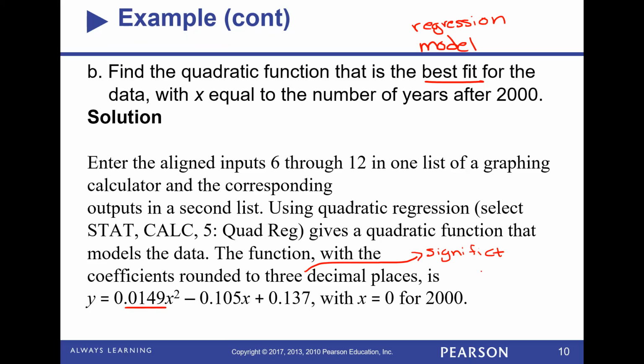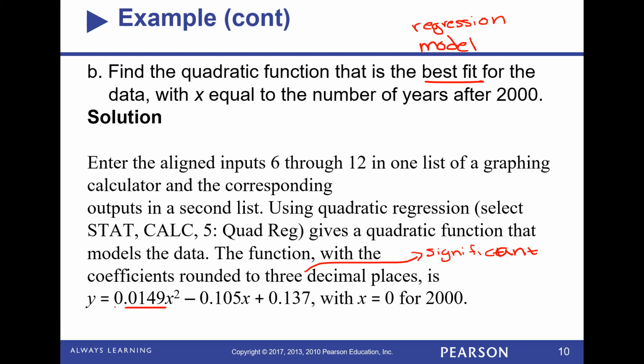Okay, 3 significant. Now, as we look at 3 significant digits, what that means is that you are looking at something that should have 3 numbers other than 0.